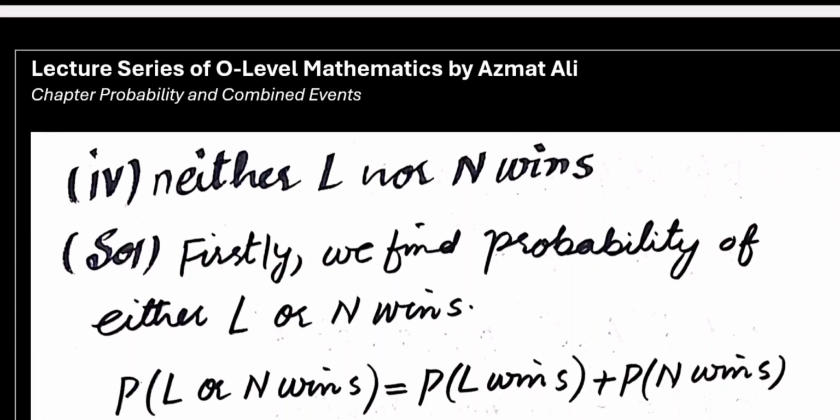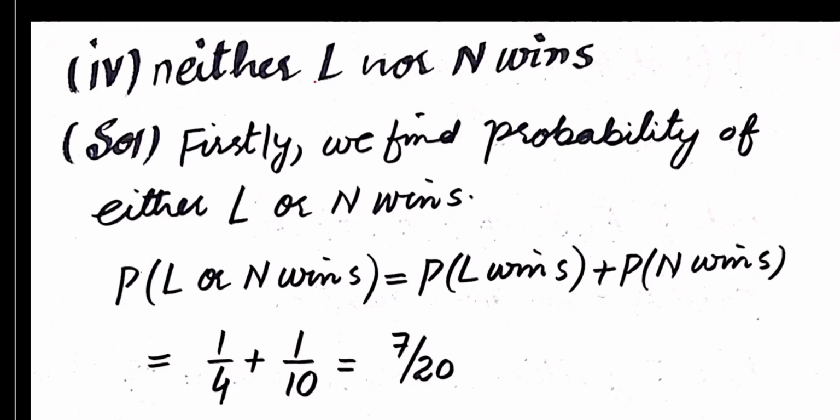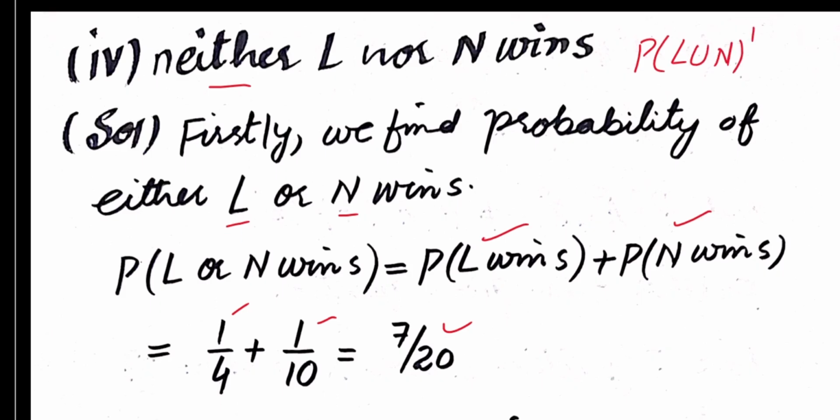Neither L nor N wins. Same type of question we have already done. Firstly, we find the probability of either L or N wins. Probability of L or N wins is probability of L wins plus probability of N wins. This is 1 by 4 plus 1 by 10. This is 7 over 20. Now to find the neither L nor N, this is actually probability of L union N whole complement.